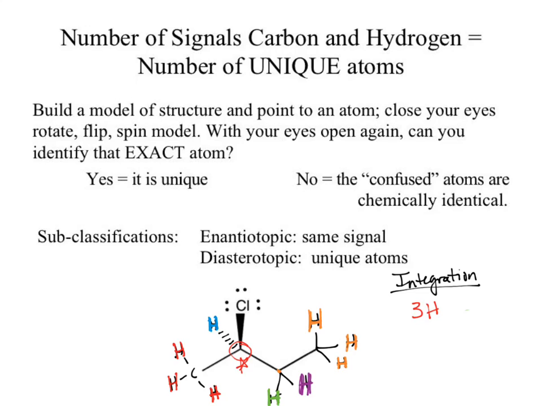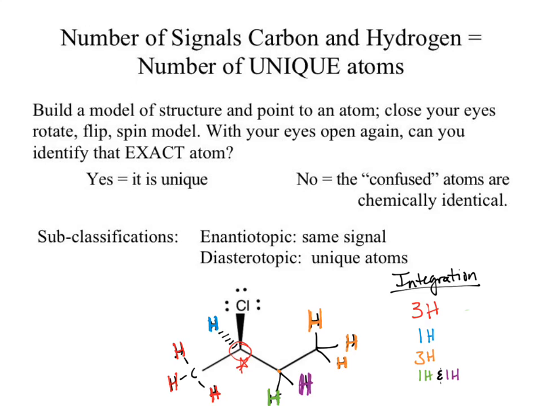How many blue hydrogens are there? So we could say that as a 1H. How many orange hydrogens? How many green? Got 1H. And how many purple? Got 1H.